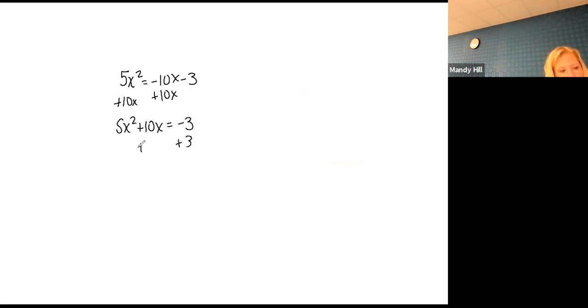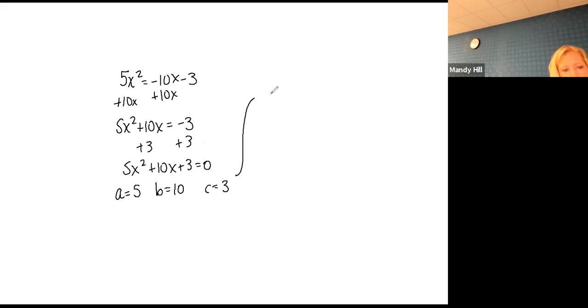We're going to want to move the -3 to the other side. So 5x squared plus 10x plus 3 is equal to 0. Okay, so now A is going to be 5, B is 10, C is 3. So we're plugging it into our quadratic formula.